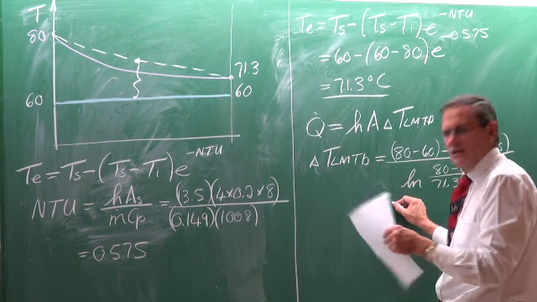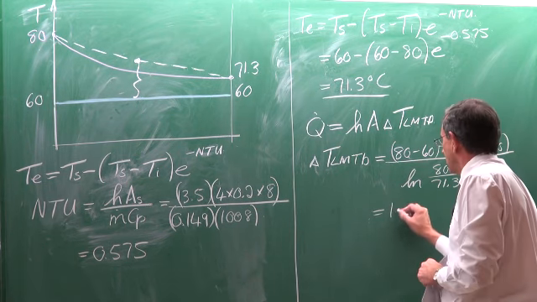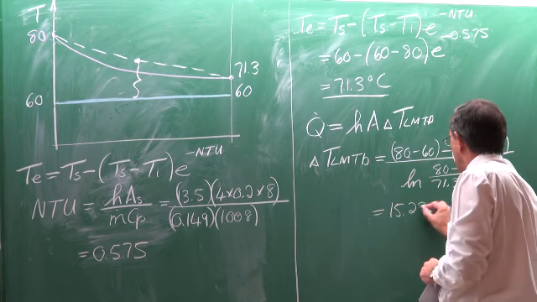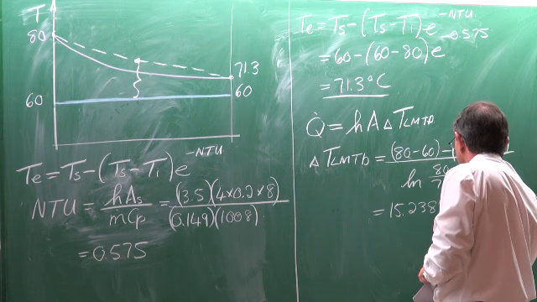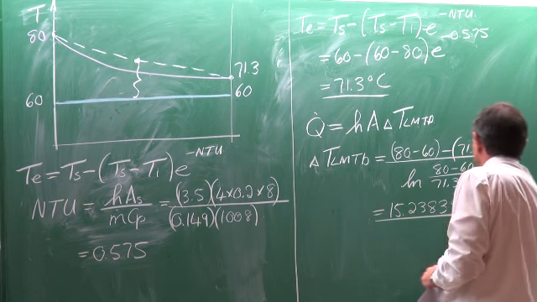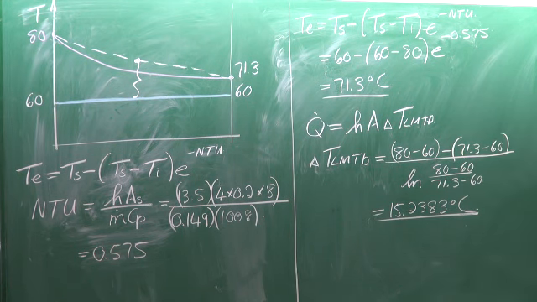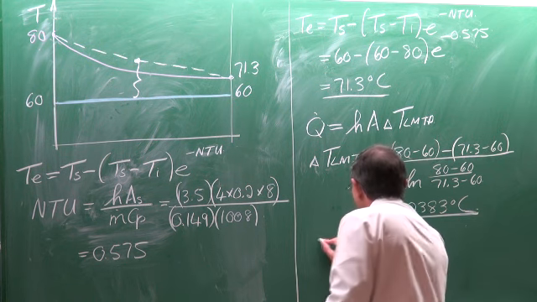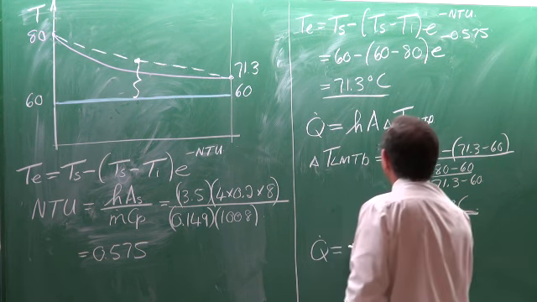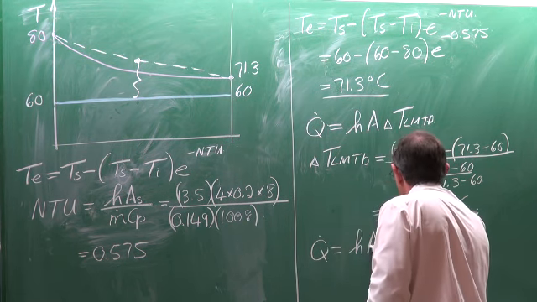What was it again, Marlies? 15.2383, is that right? Okay, so that is the LMTD, 15.2383 degrees Celsius.